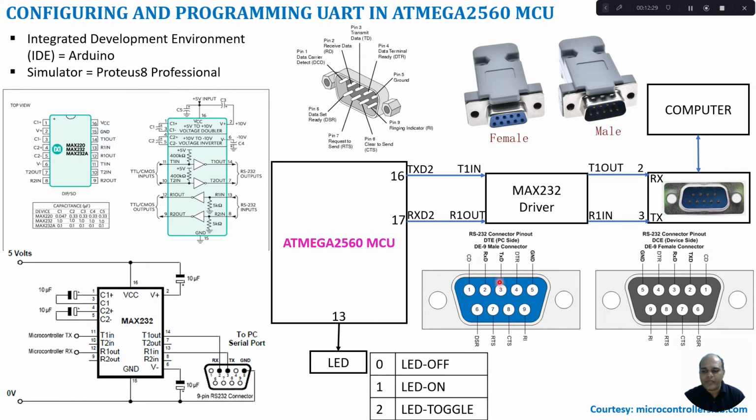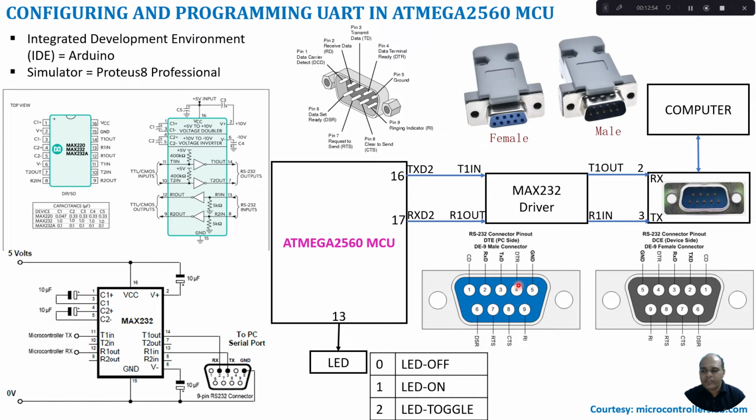These other pins are used in the handshake mode. It is something like handshake signals, whether the data is transmitted or not, whether the data is requested or not. So it is mainly used for handshake of the data transmission. Generally we use the 3 lines TXD, RXD and ground line for transmission purpose.